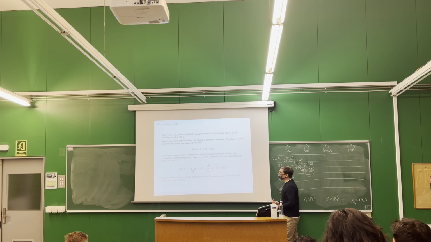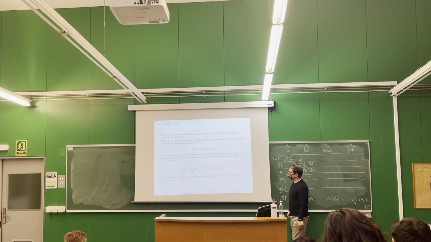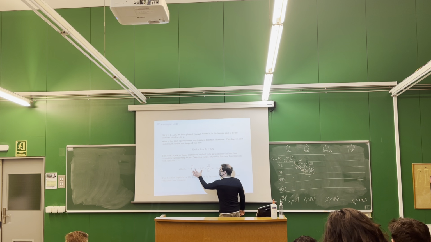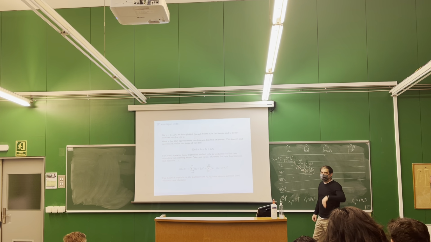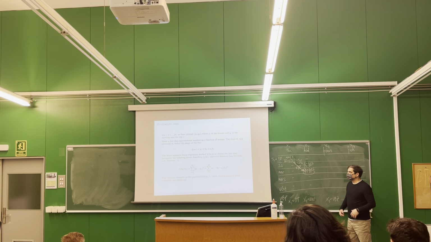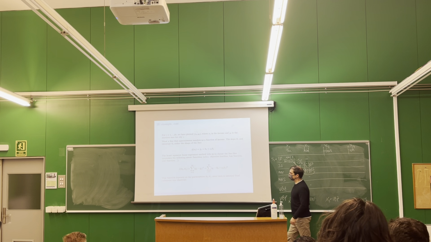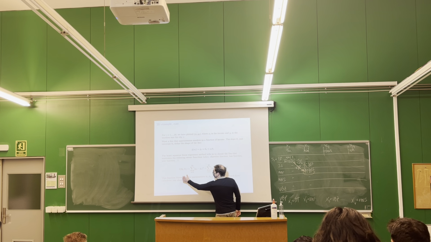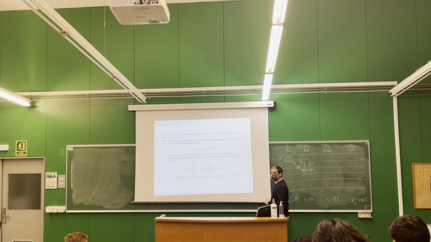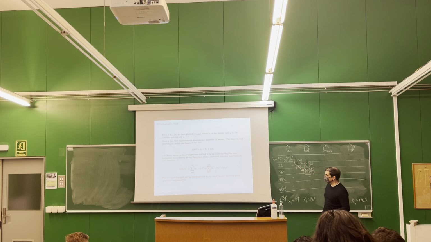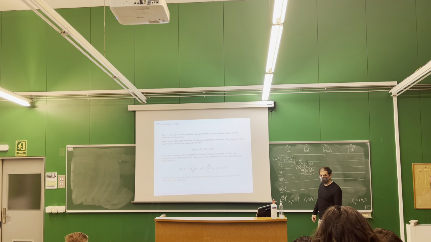If this is my loss function, how I measure the error, the thing that I want to do is to minimize this error. So what I have to do is very simple: find the parameters theta 0, theta 1 that minimize this function, this error.